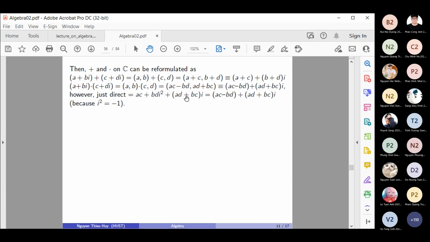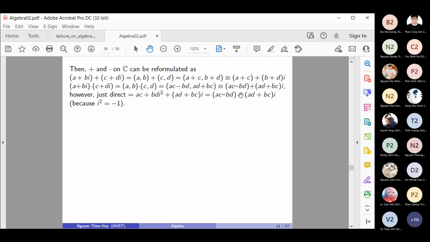So you should do as what you were doing with the set of numbers, right? And taking into account that i squared is equal to minus 1, you obtain minus bd, and this is ad plus bc, and i is common factor. So it's the same result as above.